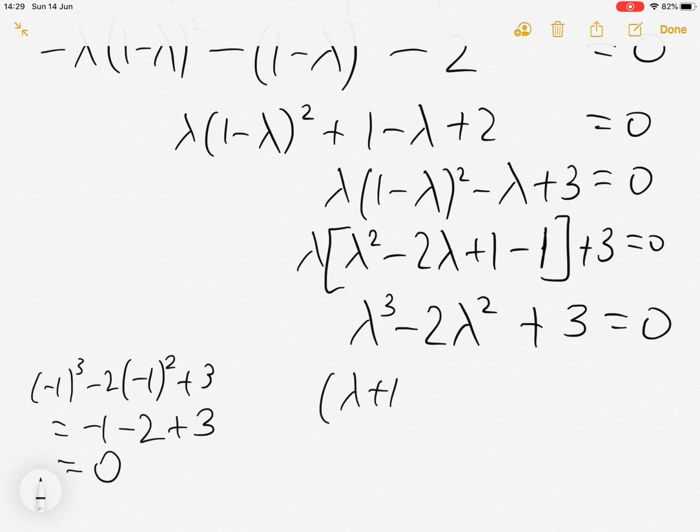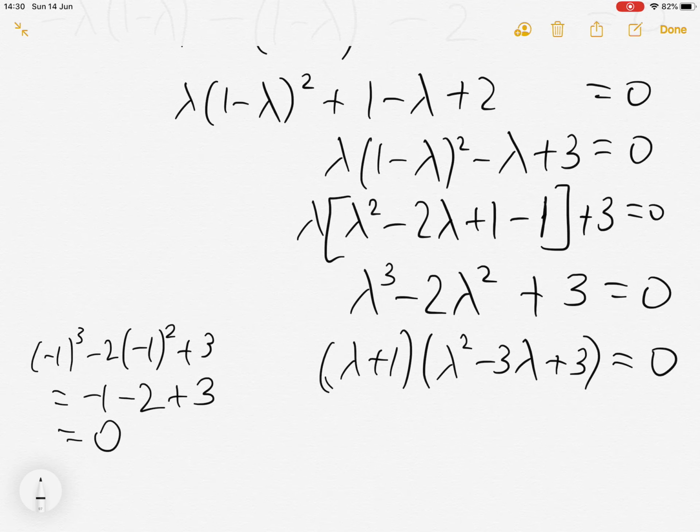So lambda plus 1 is a factor. And then the other factor is going to be lambda squared. We need a plus 3. But this gives us plus 3 lambda, so we need a minus 3 lambda here. And that also checks out to give us minus 2 lambda squared when we expand.